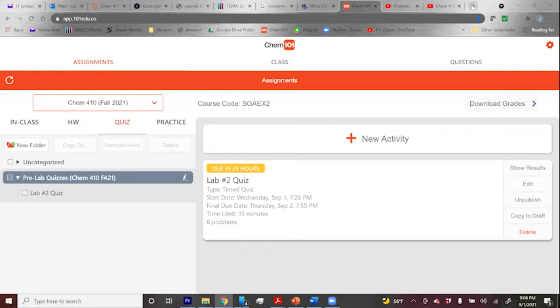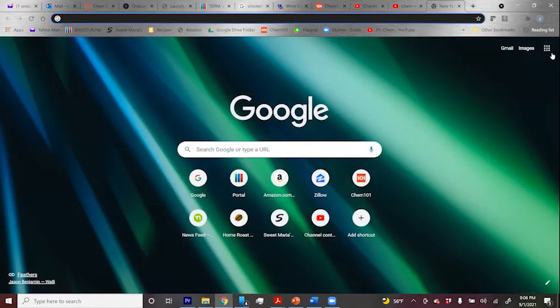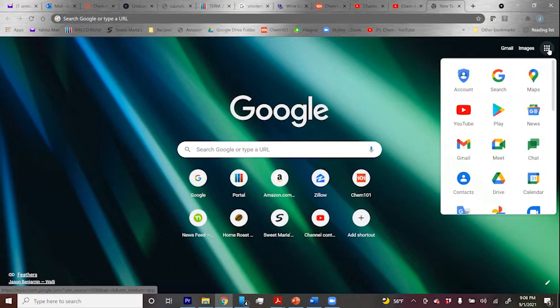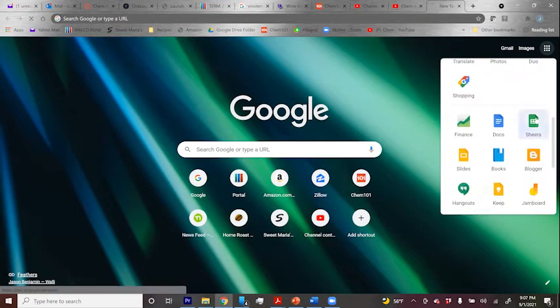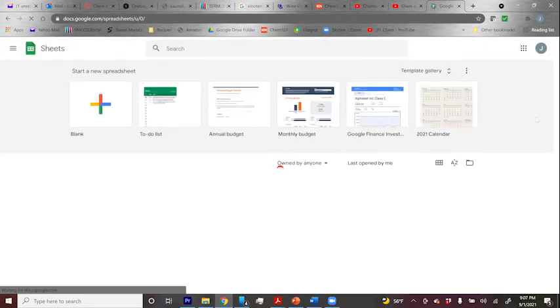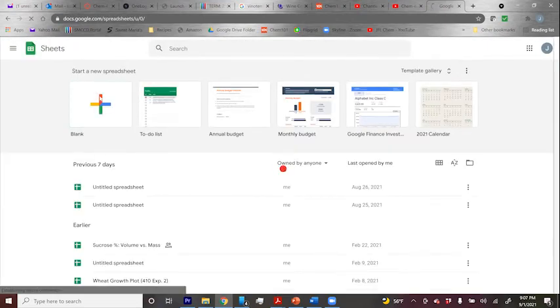So I'm going to go to Google. Can everyone see my screen? Is that what I'm sharing? Can you see it? Yeah. Okay, cool. Google Sheets, our old friend Google Sheets. Start a new sheet.